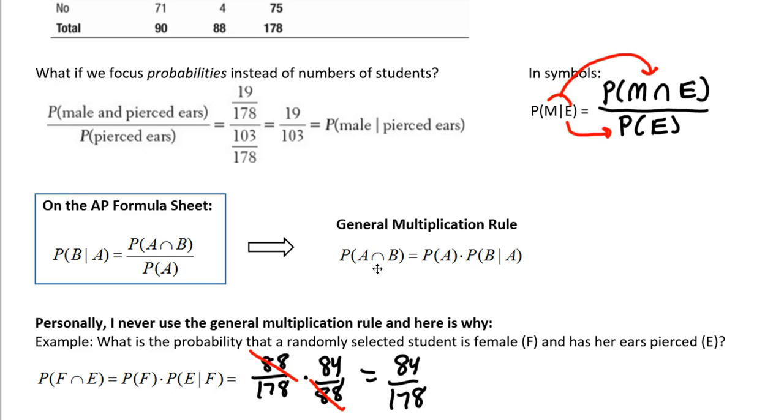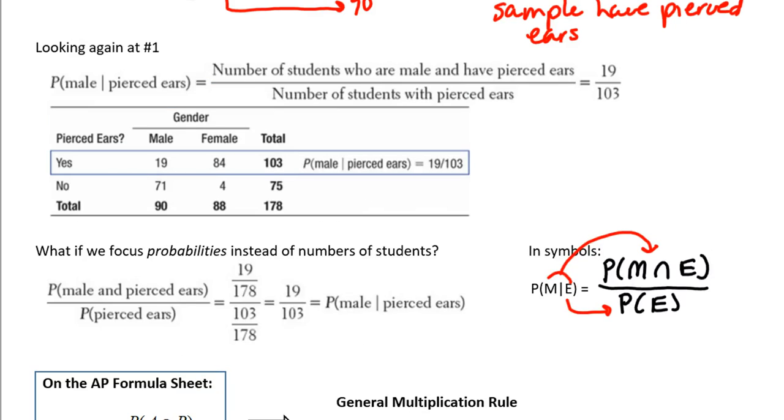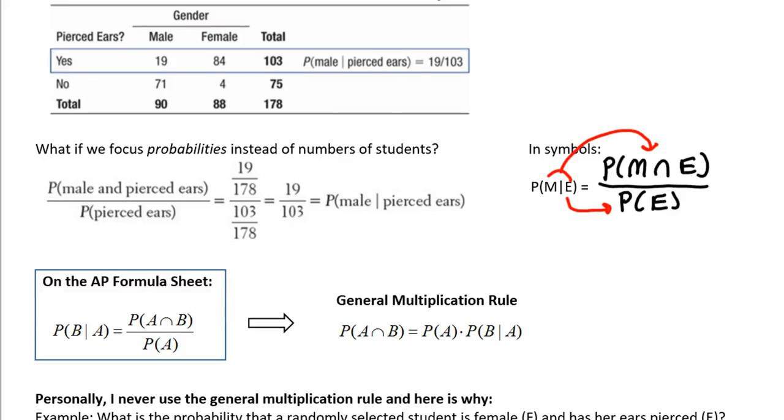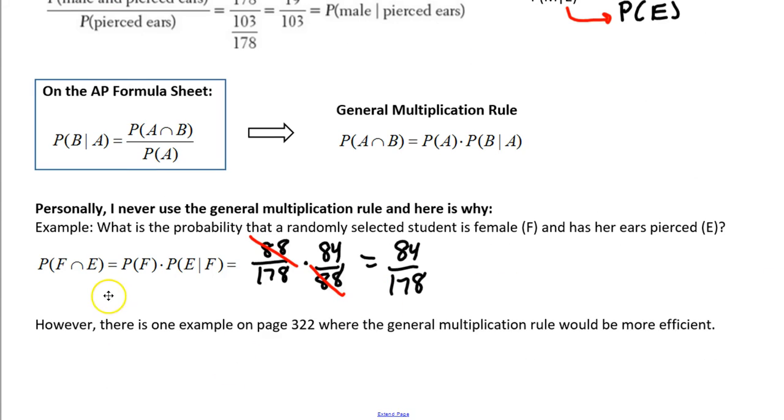Now personally, I never use the general multiplication rule, and here's why. If I go back up to this chart and look at this particular situation, the probability of female and pierced ears, well, that's pretty obvious. The probability that someone is female and has pierced ears is 84 out of 178. But if we apply the formula, we would say the probability of female and pierced ears is the probability of female times the probability that they have pierced ears given that they're female.